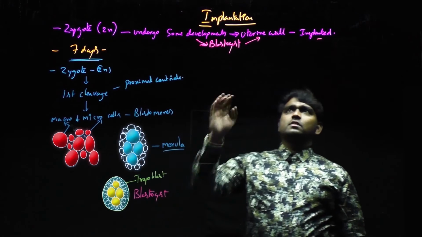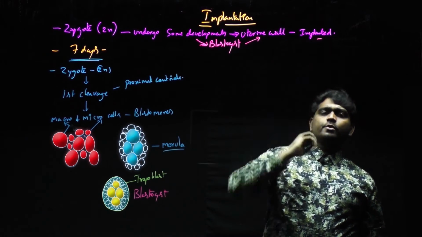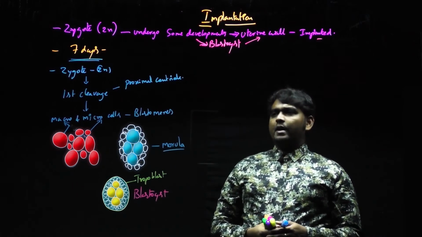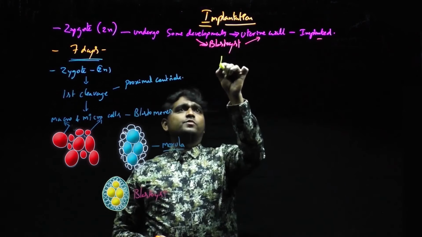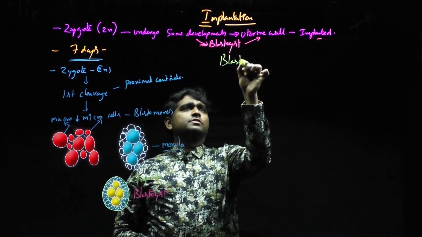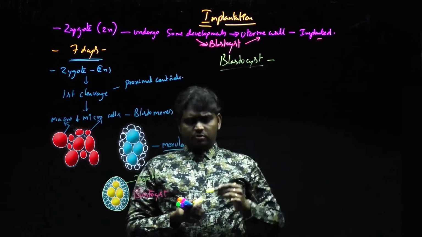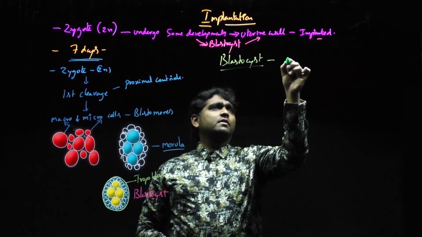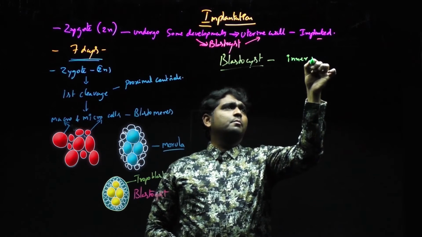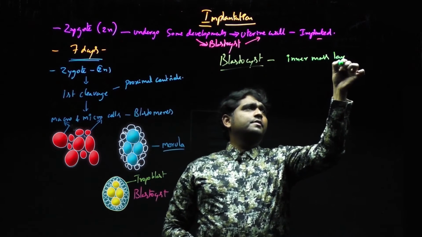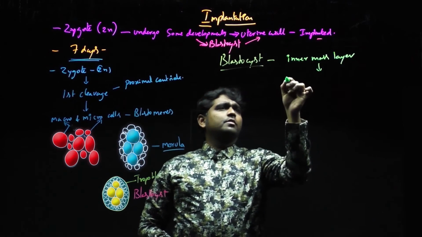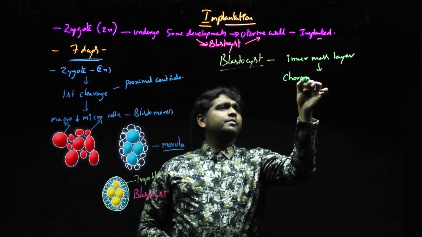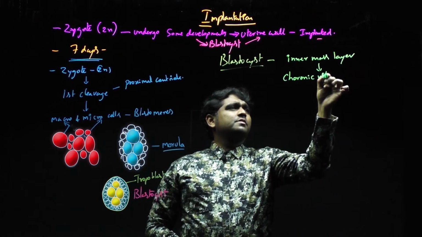The blastocyst is now ready to implant in the uterine wall. How will it be implanted? Start with the blastocyst. The blastocyst's innermost layer becomes the chorionic villi.